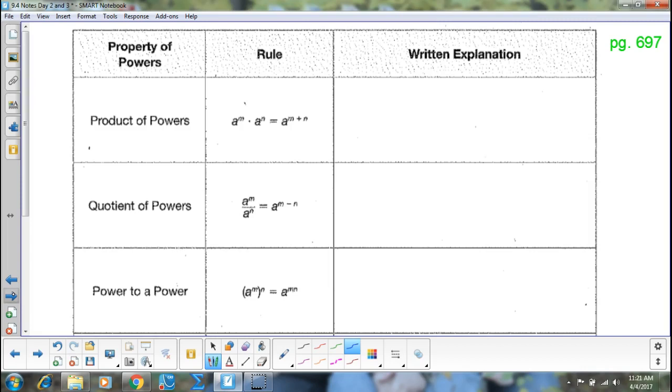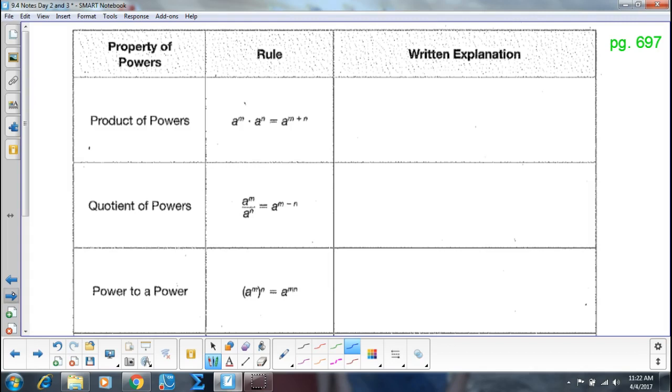We're not going to ask you, what's the quotient of powers property. Okay? But we expect you to be able to use the quotient of powers property. Okay? So, what the product of powers property says, that is, if you have the same base and you are multiplying, you can add the exponents. Okay?